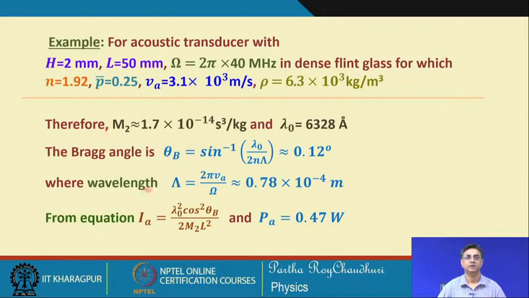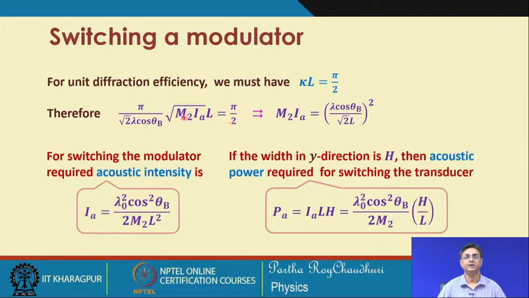So, to switch an acousto-optic modulator, an acoustic power of half a watt is required. We will see later how this configuration can be used for modulating intensity between the 0th order and the diffracted plus order of the beam.